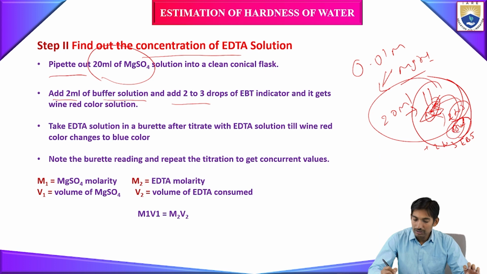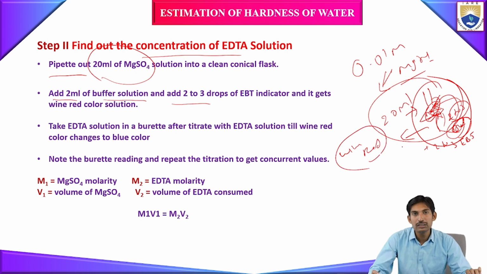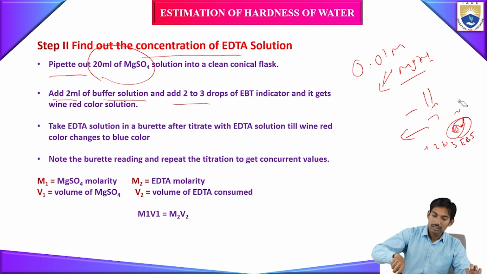Then we are adding 2 to 3 drops of EBT indicator. So what happens? The magnesium forms an unstable complex with EBT indicator. The color of this solution is wine red. The wine red color is due to the magnesium EBT indicator unstable complex.